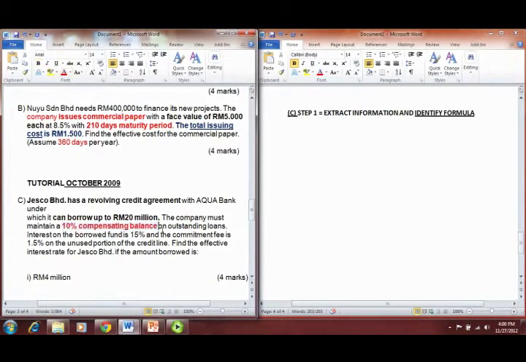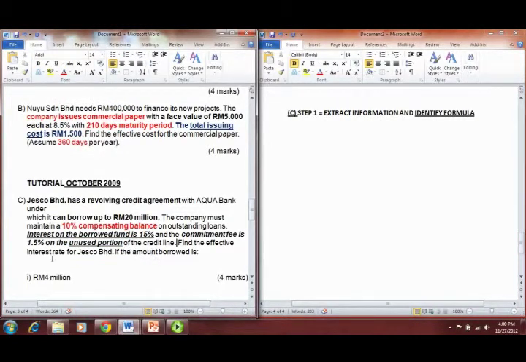So this is your CB on outstanding loan. Interest on funds is 15%. So this is your interest rate. Commitment fee is 155% on unused portion. Class, what do you mean by unused portion? Yes, this is a word that you need to know.